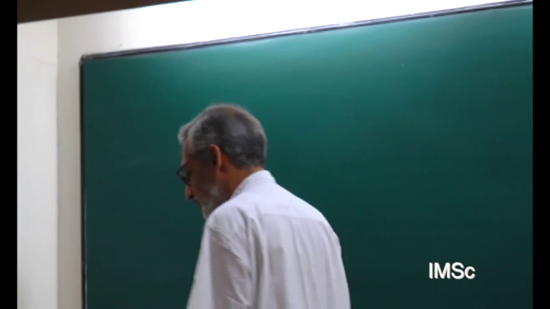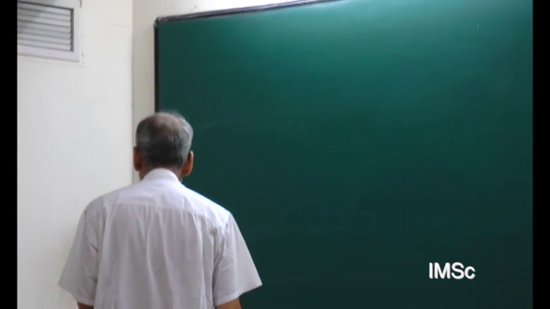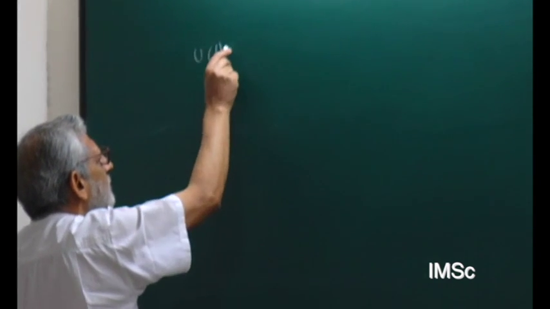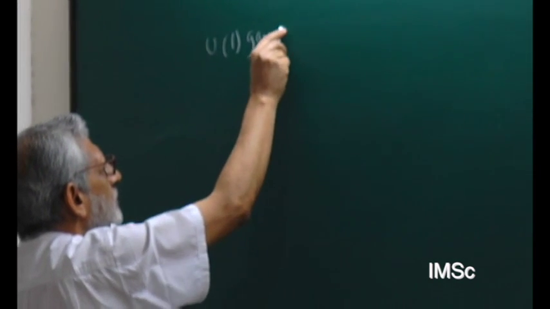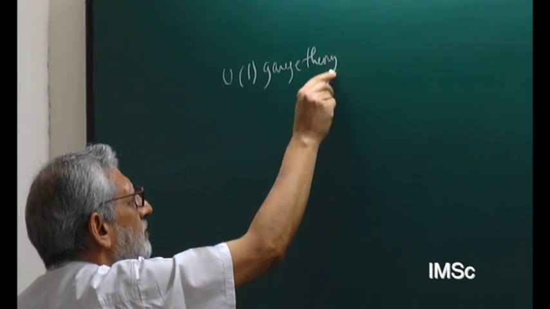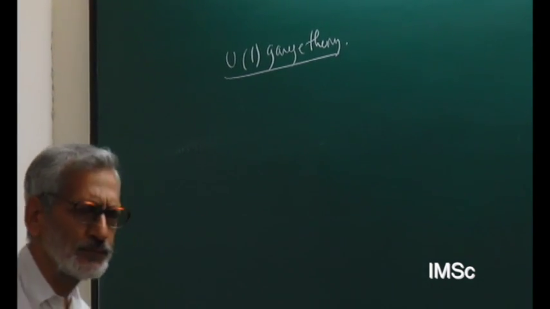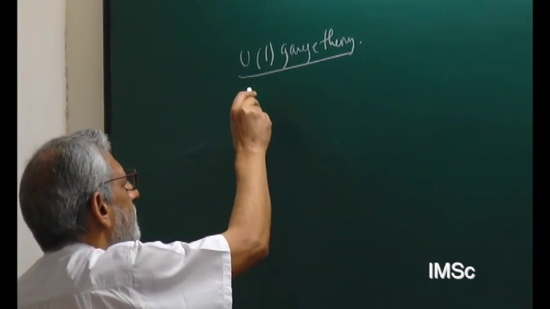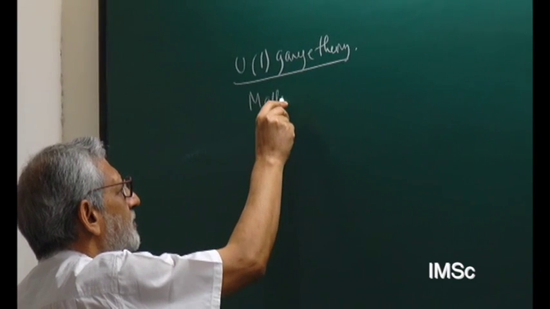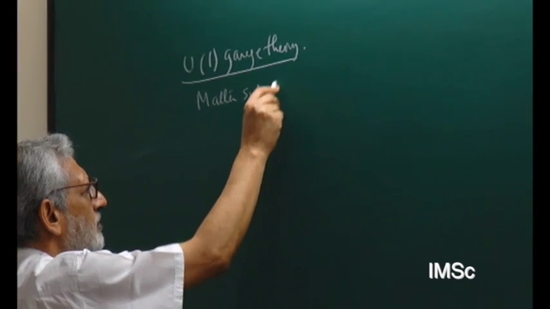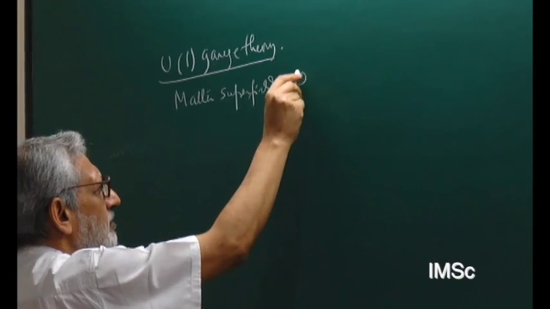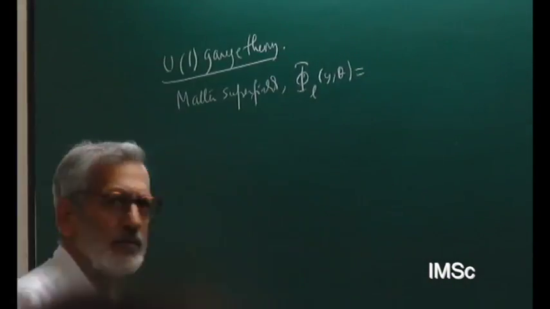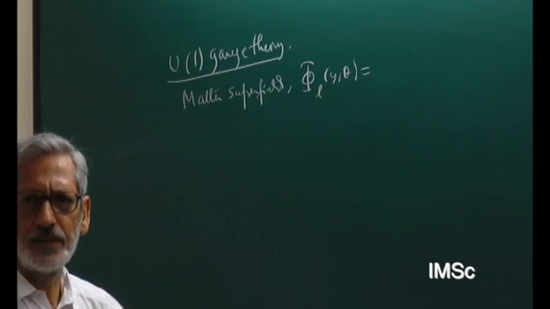So let me recall what we did last time. Last time we did U(1) gauge theory. We started with a set of matter superfields, Phi_L, chiral superfields, so they are functions of y and theta.